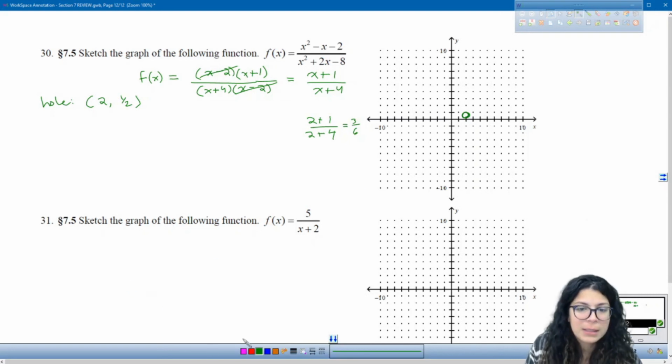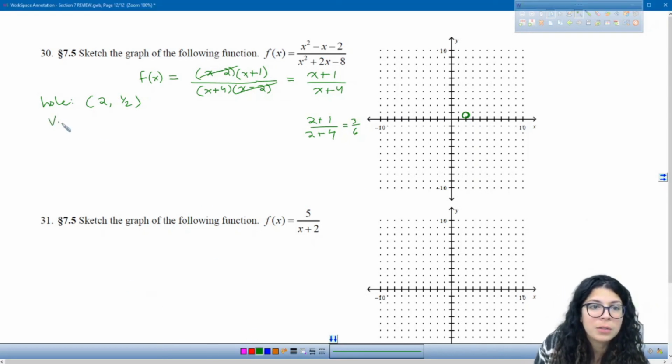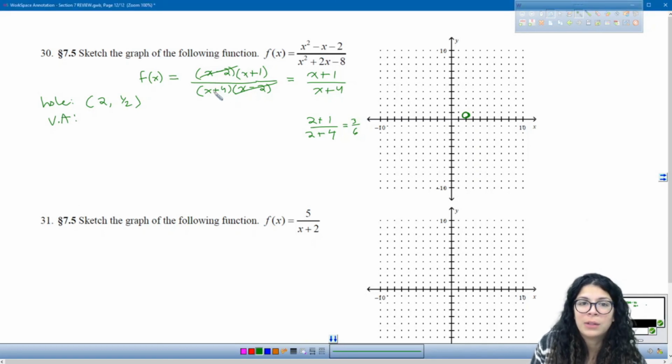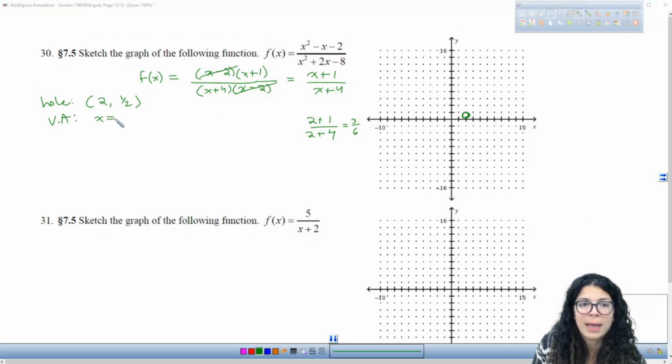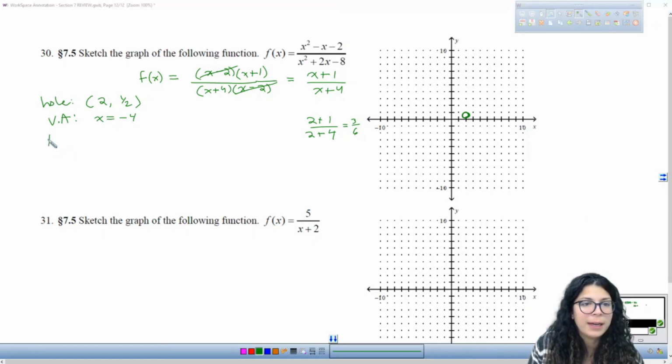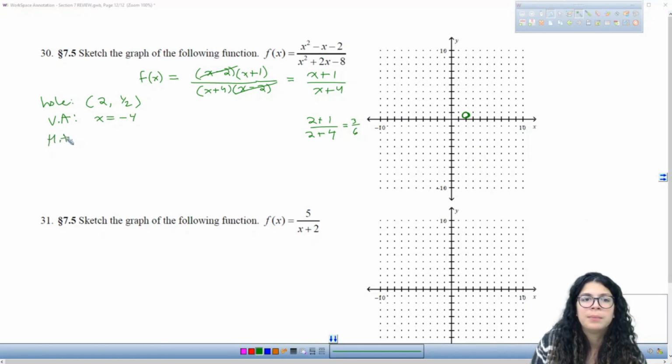All right, let's continue. There's only one vertical asymptote in this case, and it's the value that makes the non-removable discontinuity 0, which will be -4. So it's the line x equals -4. Then we can move on and find the horizontal asymptote.